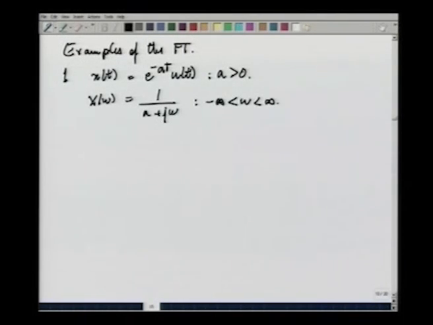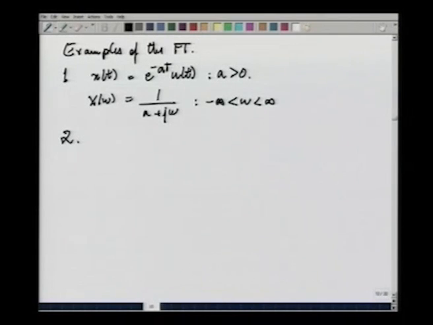It is clearly complex valued. Its magnitude is 1 by under root a squared plus omega squared, and its phase is minus tan inverse omega by a.